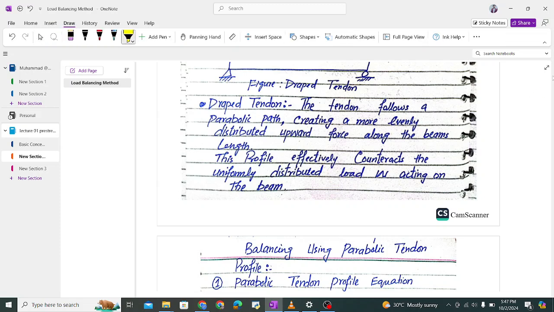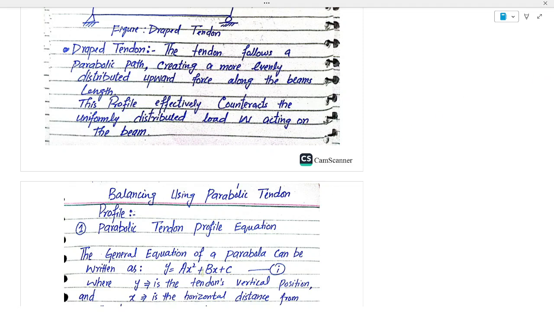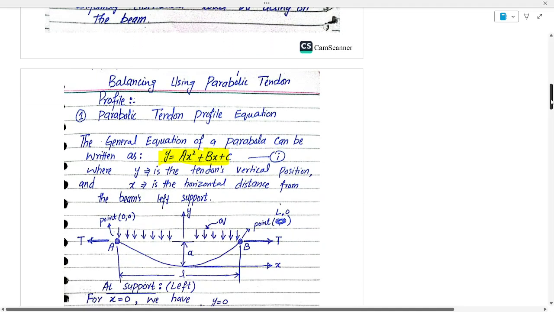Let me highlight it for you. So y is equal to ax square plus bx plus c. This is basically the equation for the parabola.